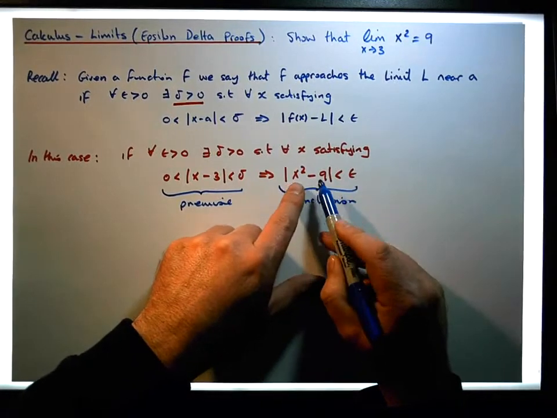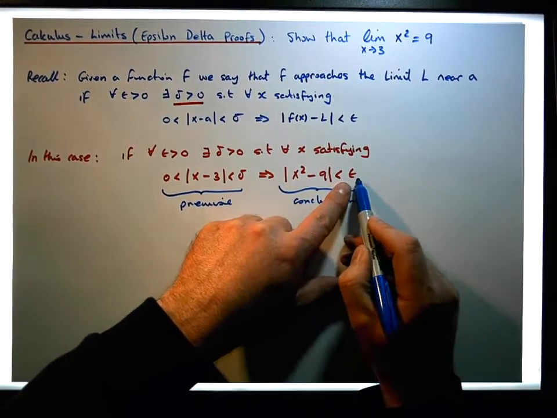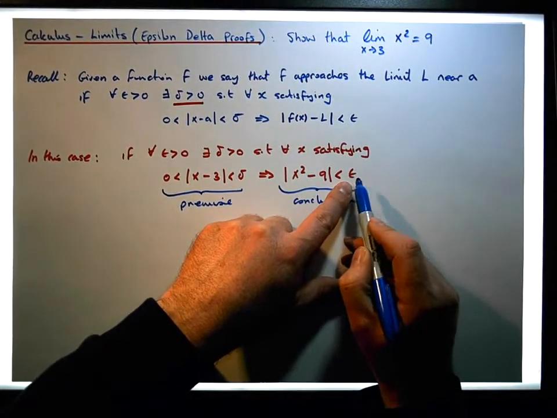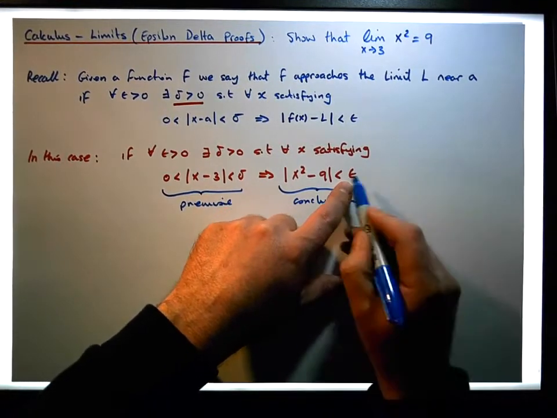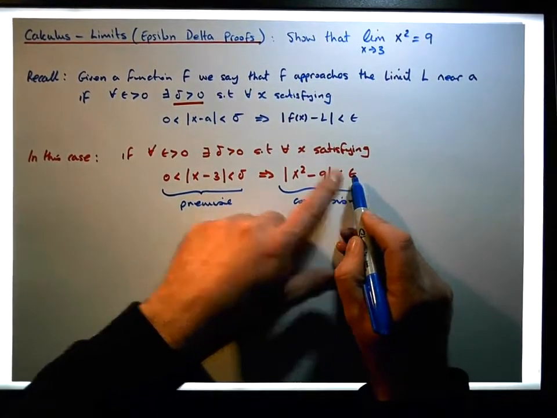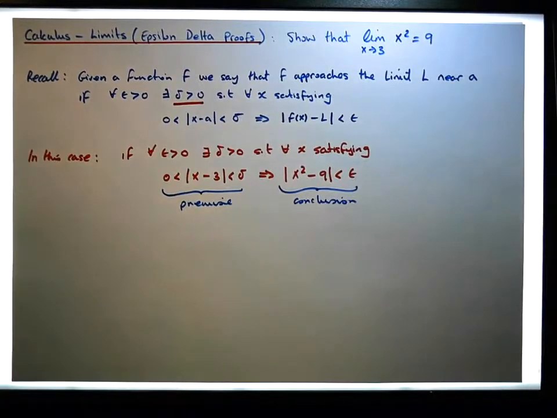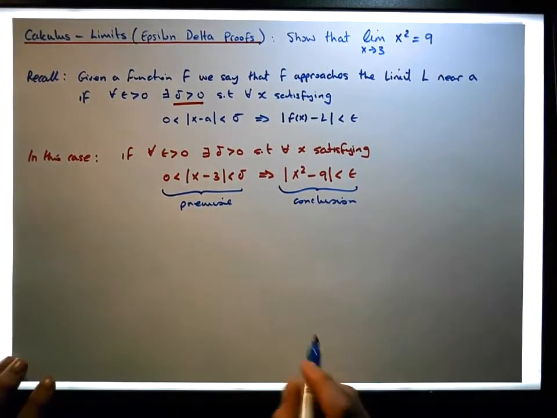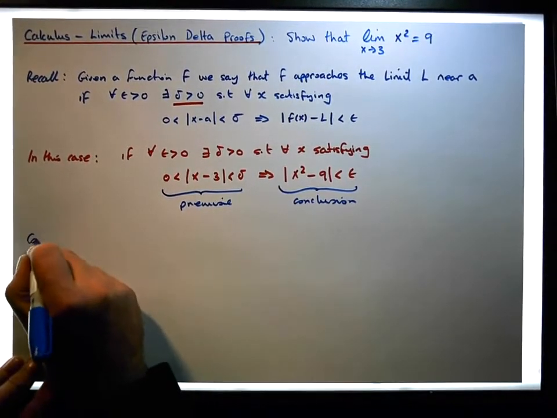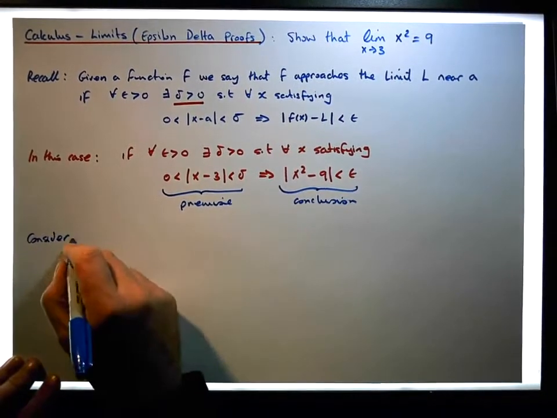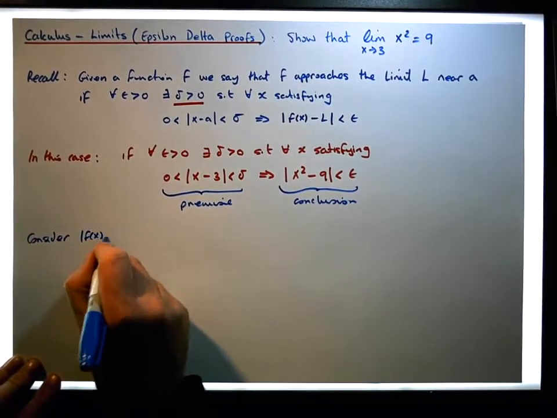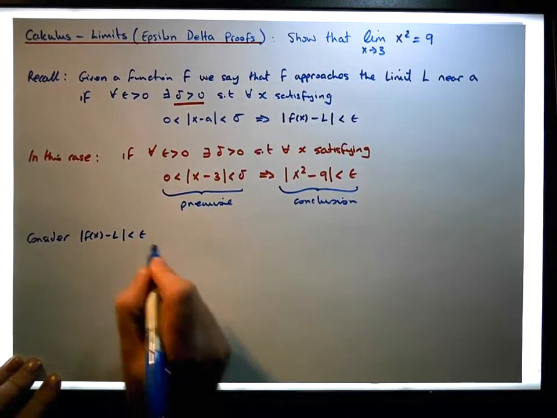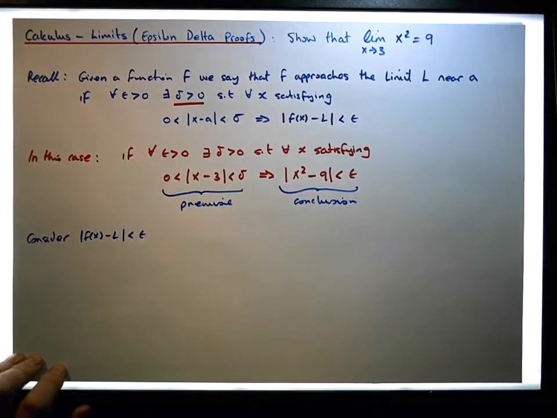Because if we can, then why don't we use that multiple of epsilon as our particular delta value. So let's consider |f(x) - L| < epsilon to see if we can find a particular delta value.